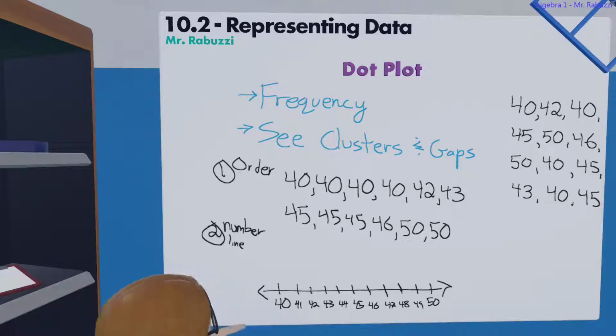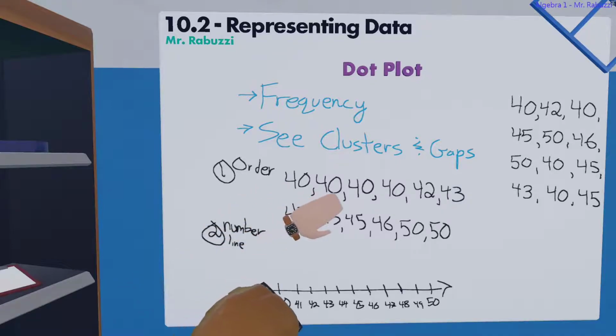Get the purple. So now that we have our number line, we're going to put dots for each of our data values. So for 40, I have 1, 2, 3, 4 of them.